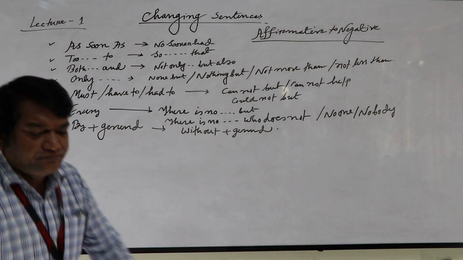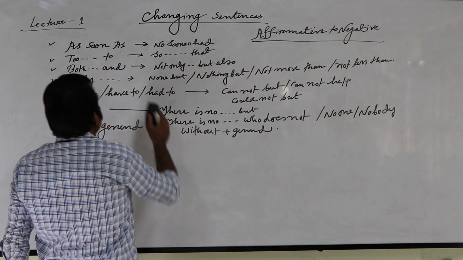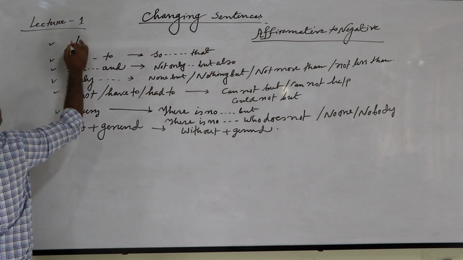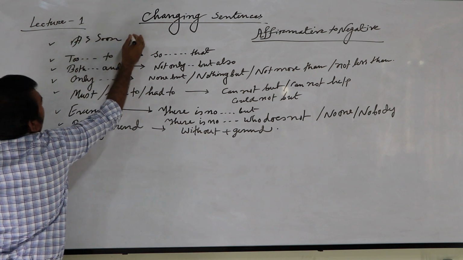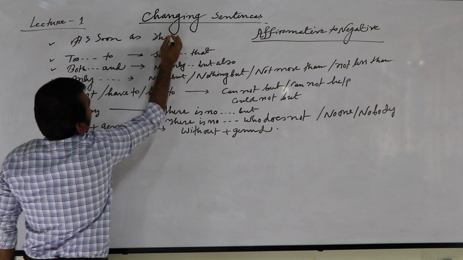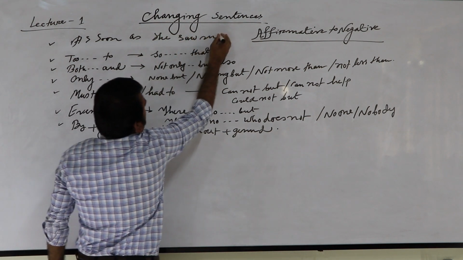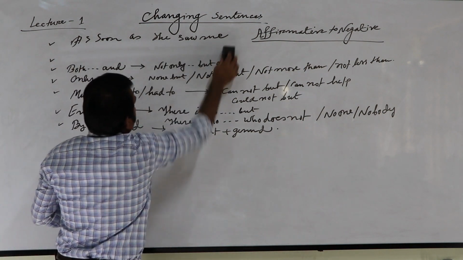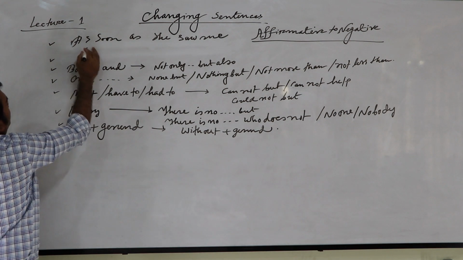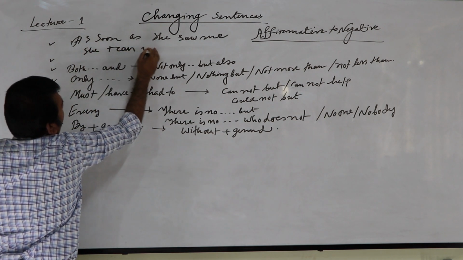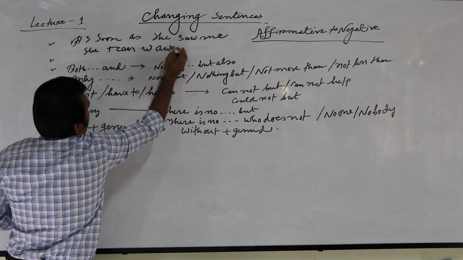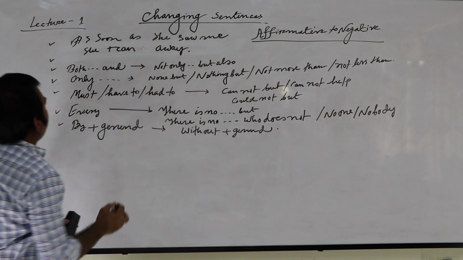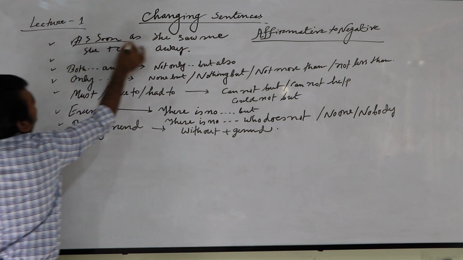For example, as soon as she saw me, she ran away. This is the assertive sentence because it begins with as soon as.